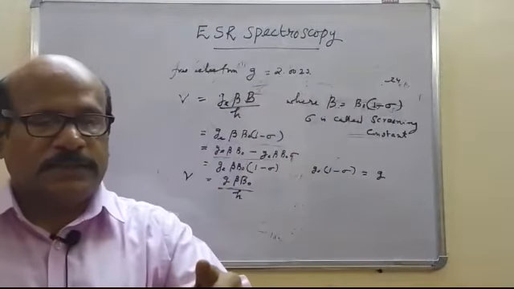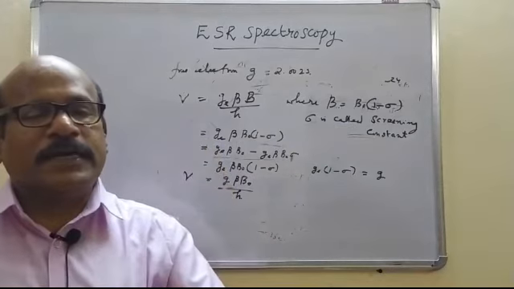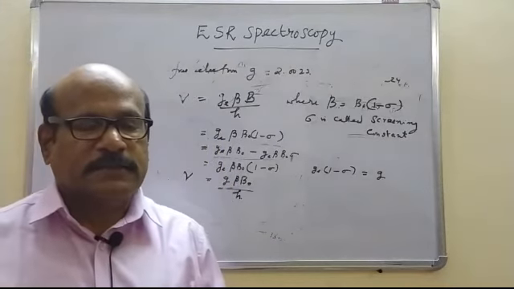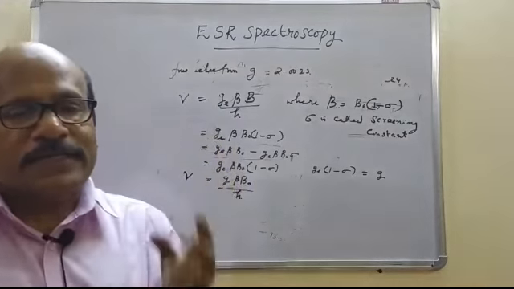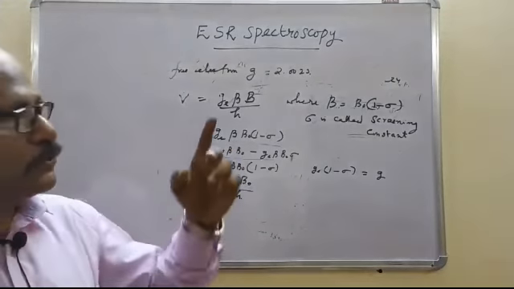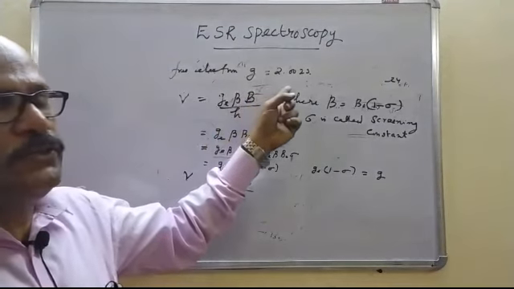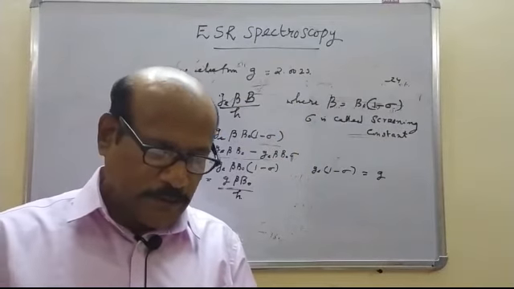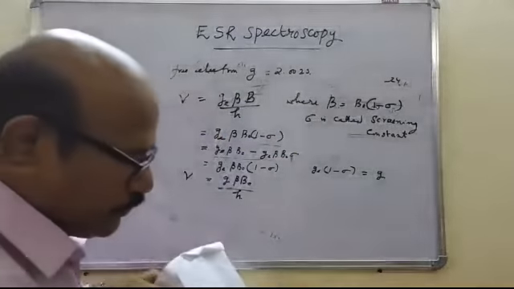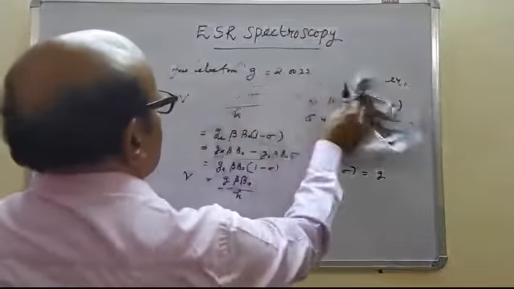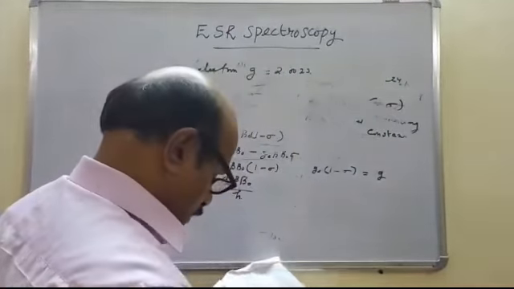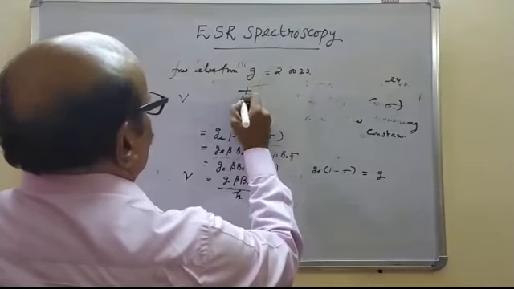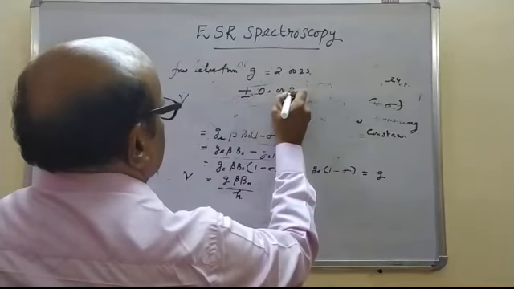That's the difficulty. For most organic free radicals, the G value of the unpaired electron is close to the G value of the free electron. That is, it is very close, and it is only a very small value. It is close to this value, having a variation of plus or minus 0.003.